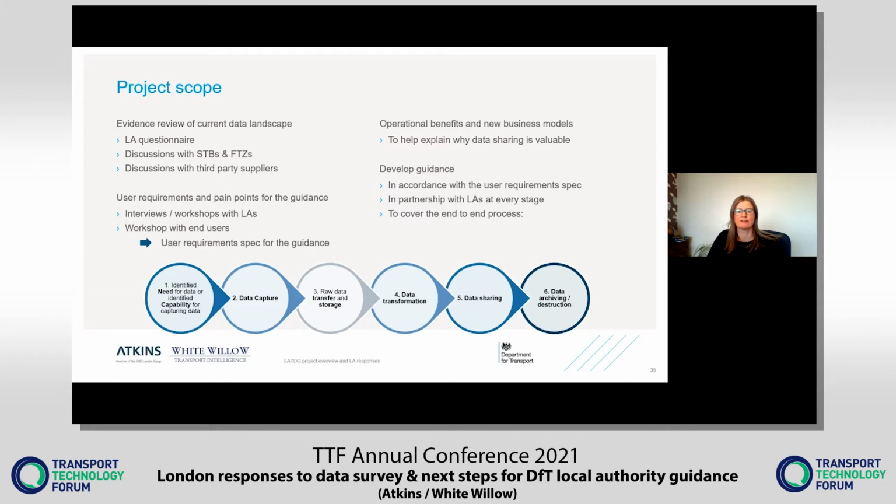We have Oxfordshire County Council on our team helping us, but we also want to engage with a really wide range of local authorities. The guidance also needs to cover the end-to-end process, shown in this diagram, from identifying a need or a capability all the way through to sharing the data and archiving it. So the next slide.